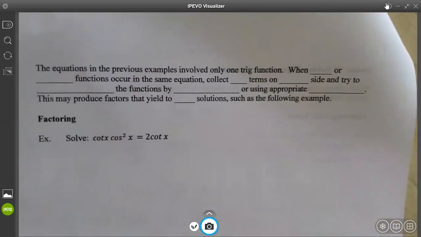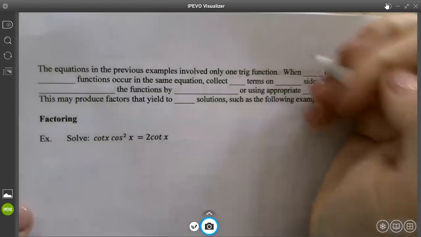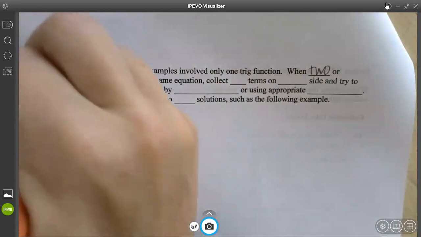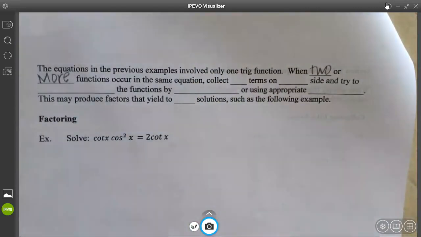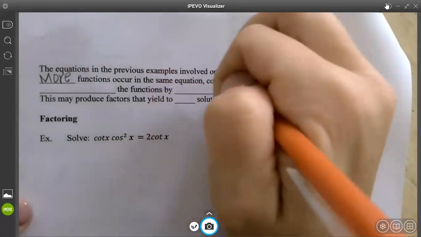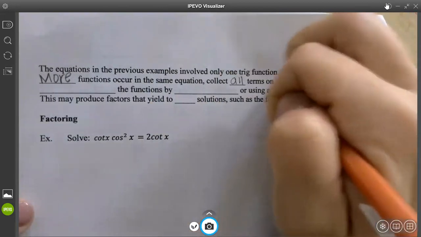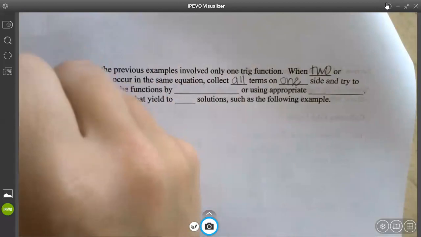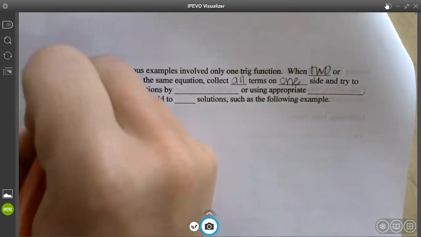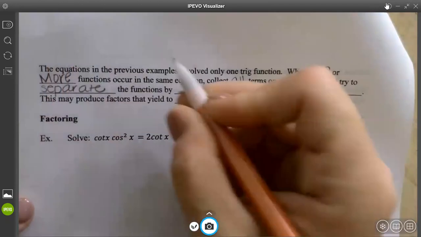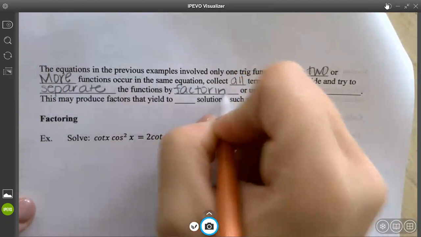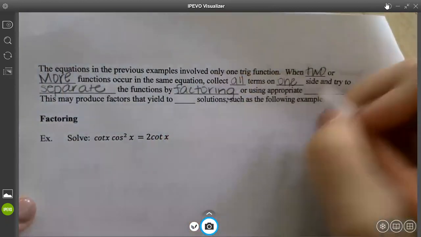The equations in the previous examples involved only one trig function. When 2 or more functions occur in the same equation, collect all terms on one side and try to separate the functions by factoring or using appropriate identities.